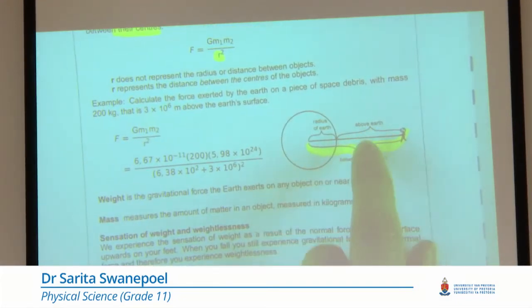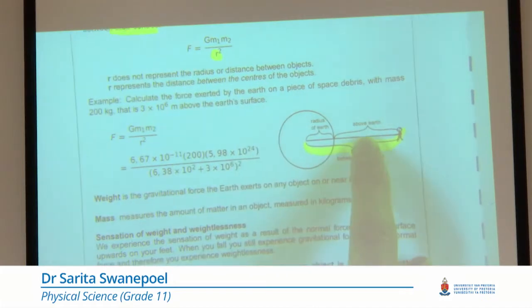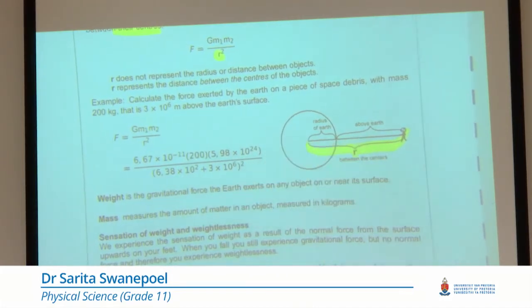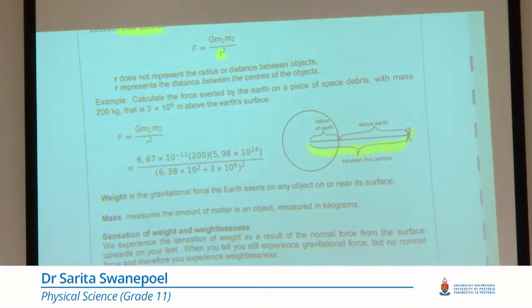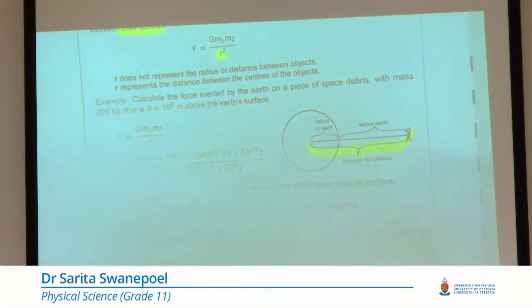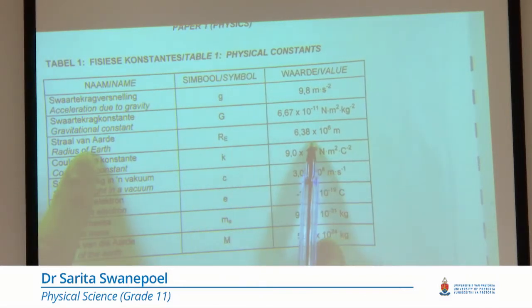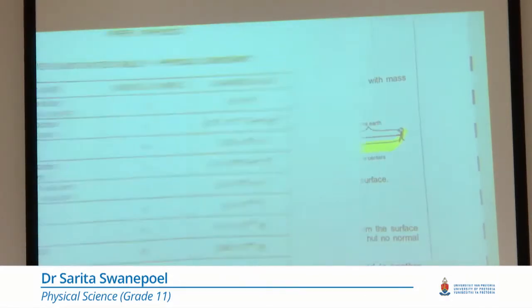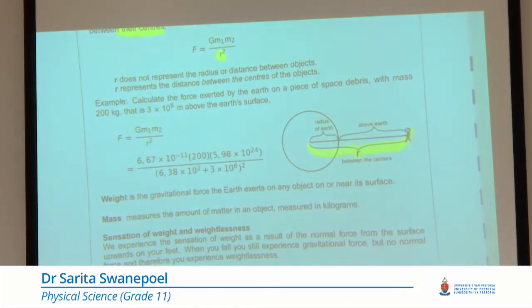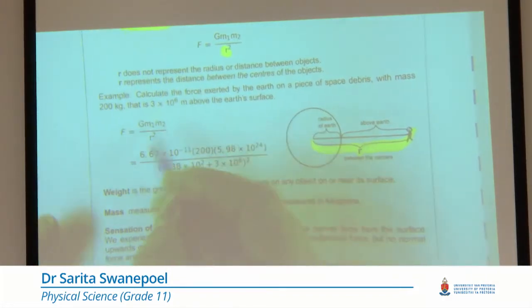Usually they just give you the height, just that part, and then you have to add the radius of the Earth. On your information sheet, they give you the radius of the Earth. So you have to know when to add and when not to add. So that's for that one.